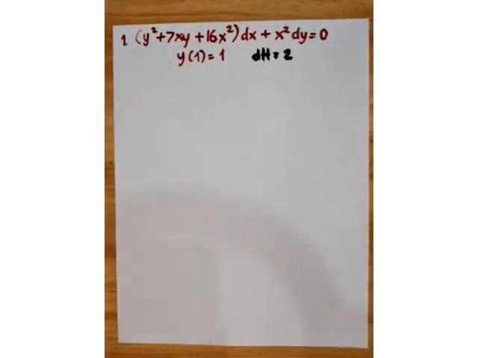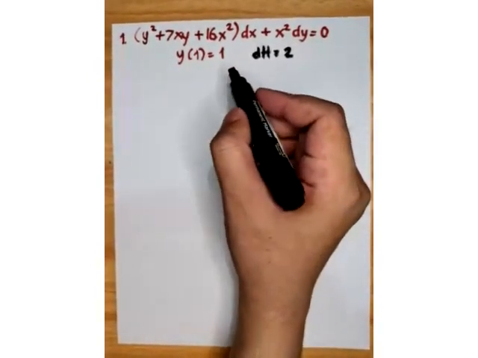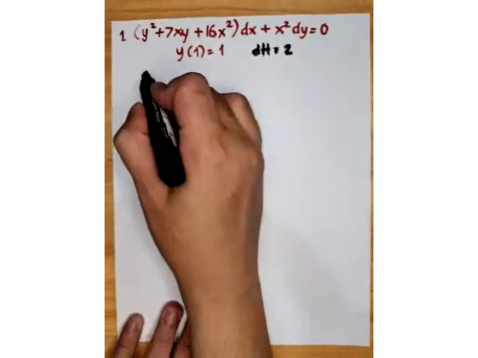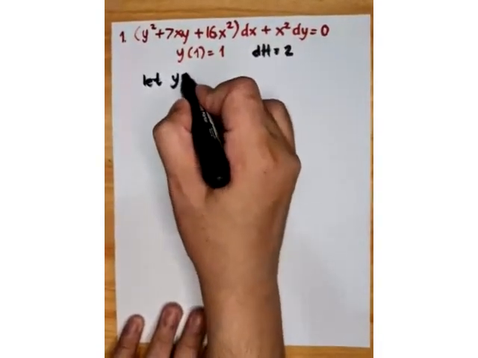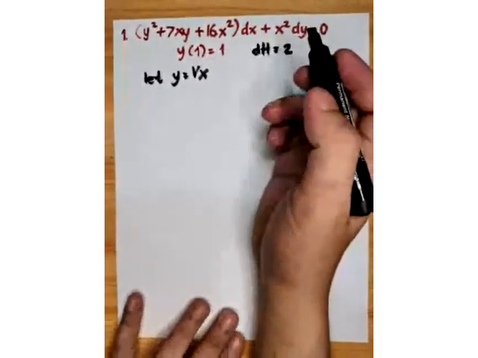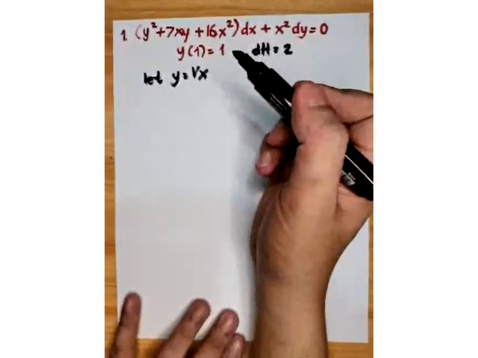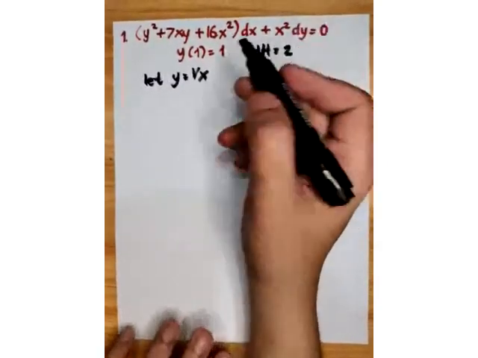When we have found that this is homogeneous, we introduce a new variable. We let y equal vx. Class, it's okay if you want x equal to vy, but I am used to y equal to vx, so that is what I always use.